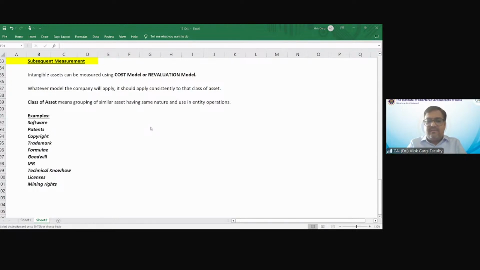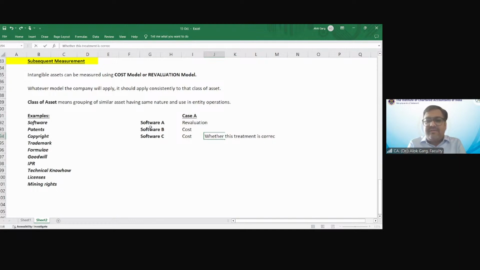Okay. So let's understand with the help of an example. There is software A, B, and C. The company wants to apply the revaluation model to software A, and the cost model to software B and C. Whether this treatment is correct? No, sir. Why? Because it is the same class of assets, it should follow the same valuation method. Yes, you're right.